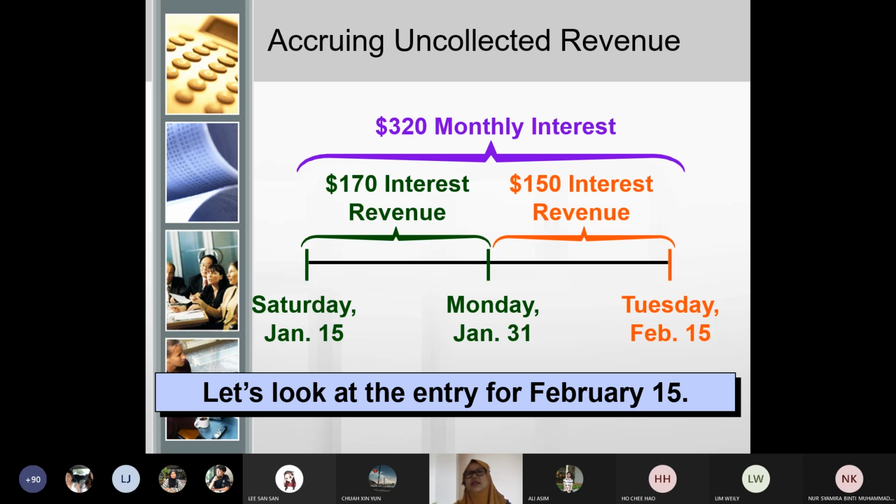The monthly interest is 320. So how to record the cash received on the 15th February? Again, we have to carefully separate the interest revenue for the month of January and interest revenue for the month of February.